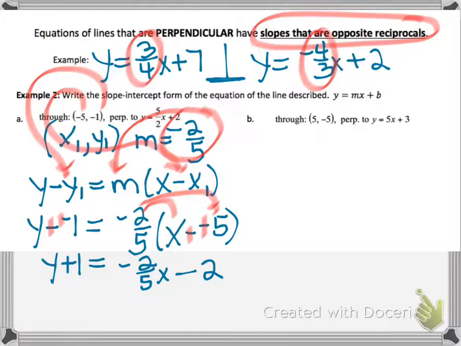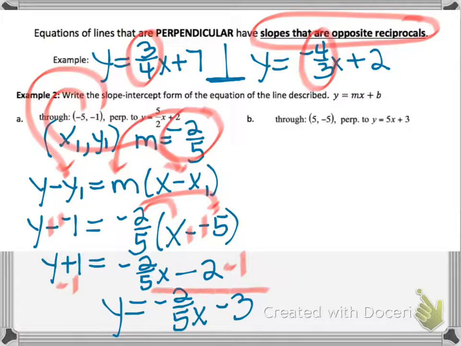Okay, so last step is to subtract 1, because I've got to get this 1 to the other side, right? And my final equation then would be y equals -2/5 x minus 3. Okay, and that's going to be perpendicular to this line right here because they have opposite reciprocal slopes. Okay.